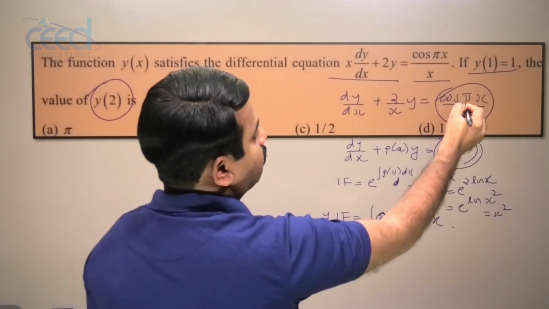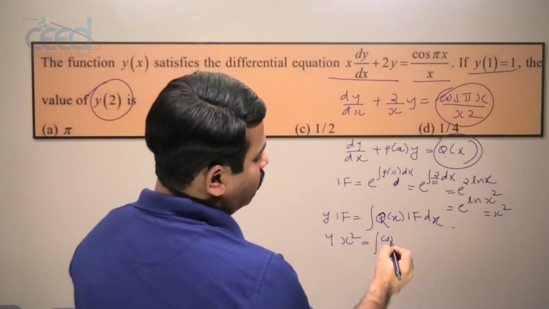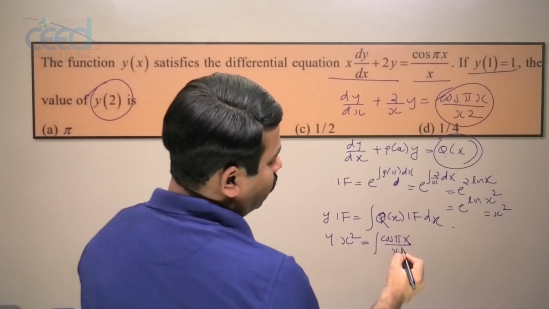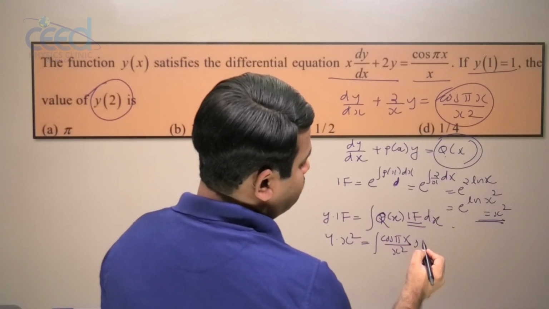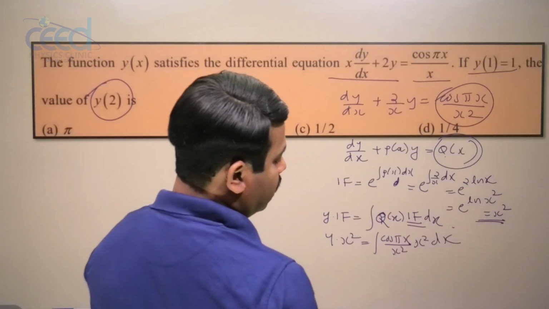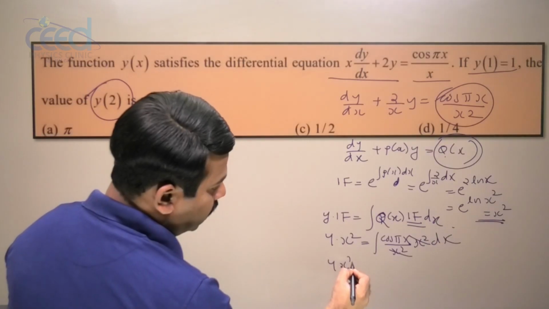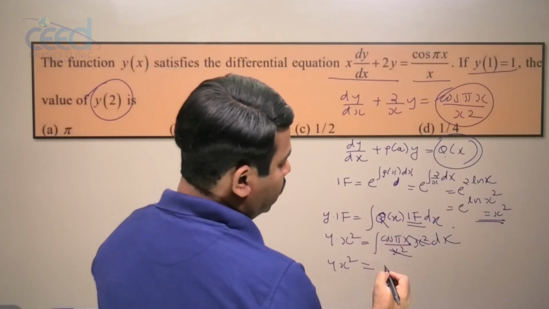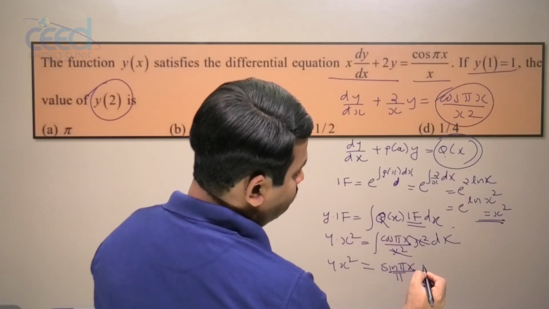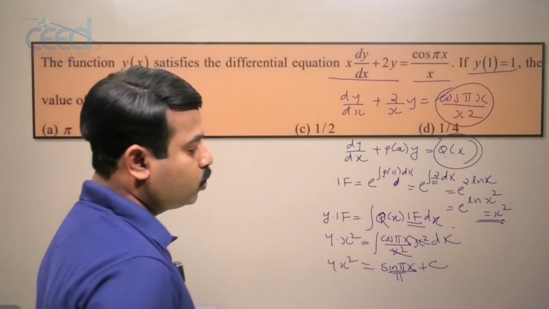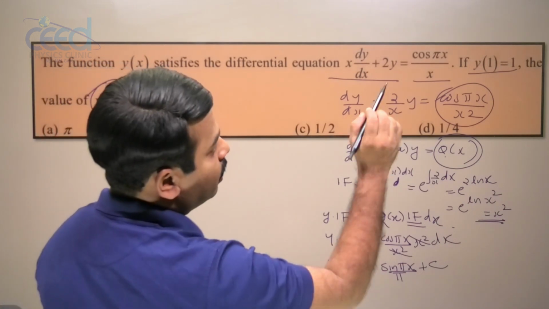Comparing this, q of x is cos pi x by x square, then cos pi x by x square into IF, which is again x square, dx, right? x square cancels, then y x square is equal to integral of cos pi x, on integration sin pi x by pi, right, plus c.